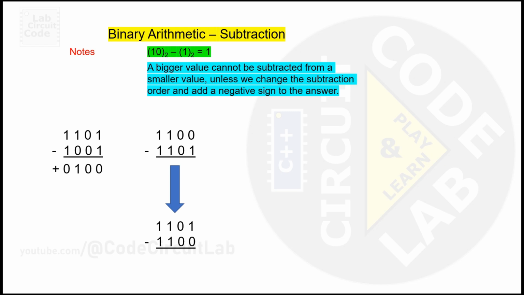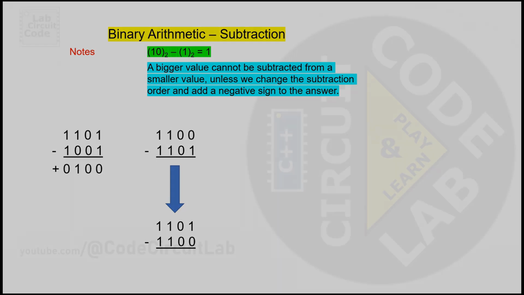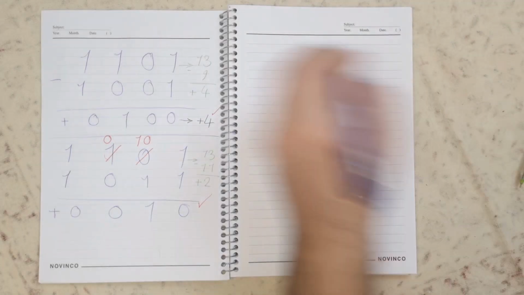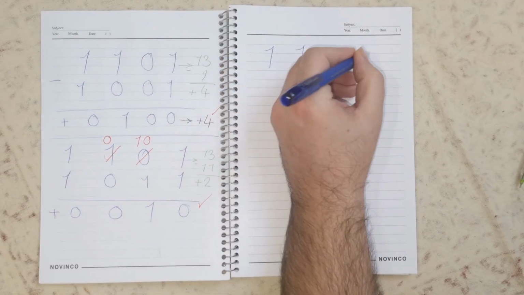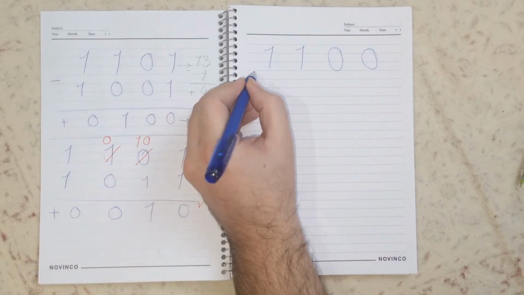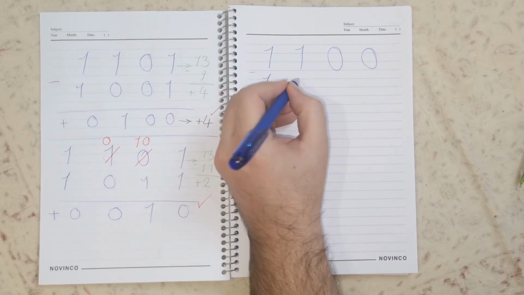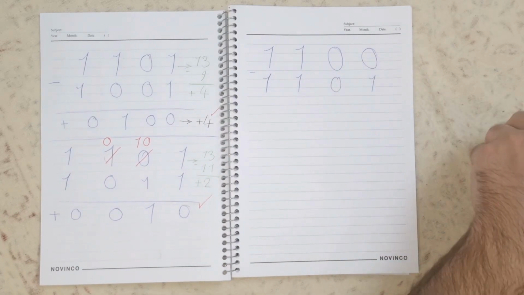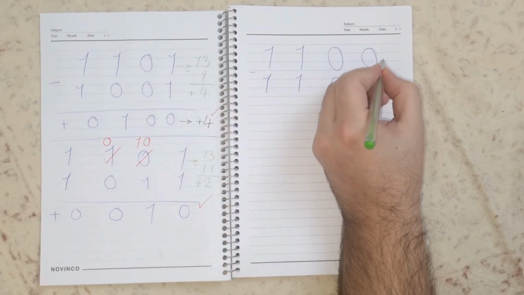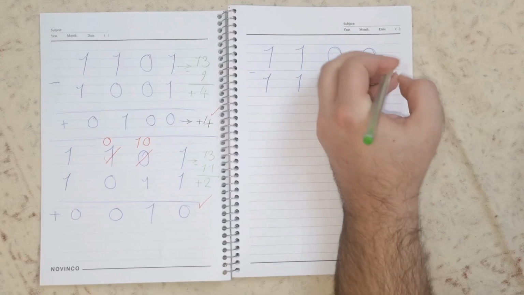Now we can do the subtraction and see what the answer is. We need to subtract 1, 1, 0, 0 and 1, 1, 0, 1. The top side is 12.